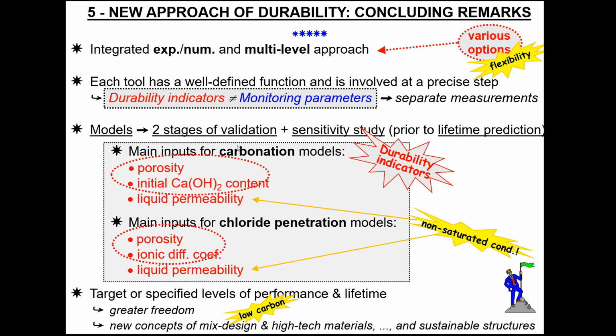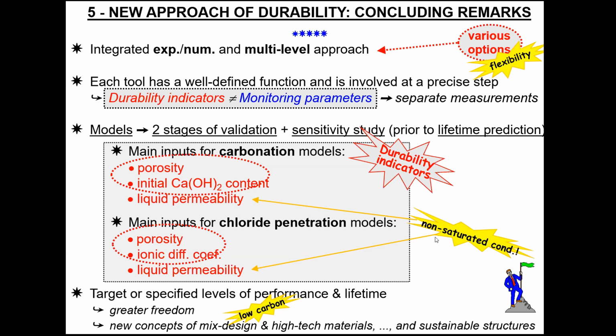For example, when you want to quantify carbonation, the main input data required by any model, even the simplest model of carbonation, is the porosity and the initial Portlandite content. And for chloride, this is the porosity and the ionic diffusion coefficient.